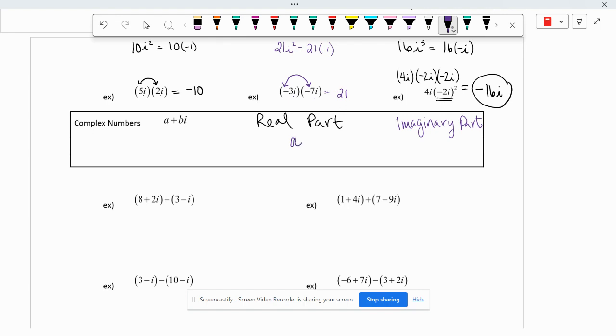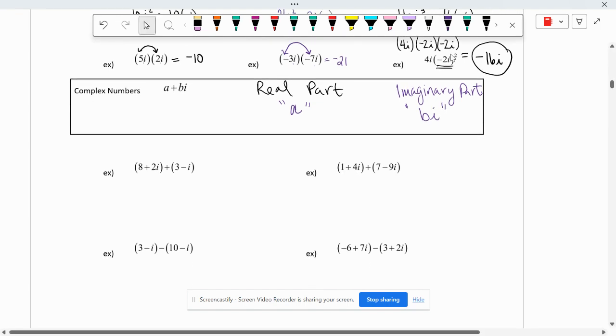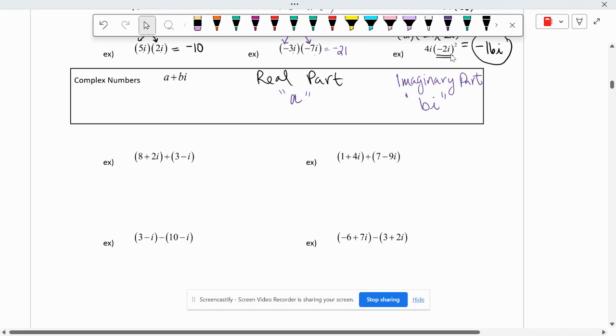The real part is the a. The imaginary part is the bi. Now, a and b are just integers typically, for all intents and purposes. That's what we've been using them as. So the a and b are still real numbers, but b gets multiplied by the imaginary unit, which makes it imaginary.